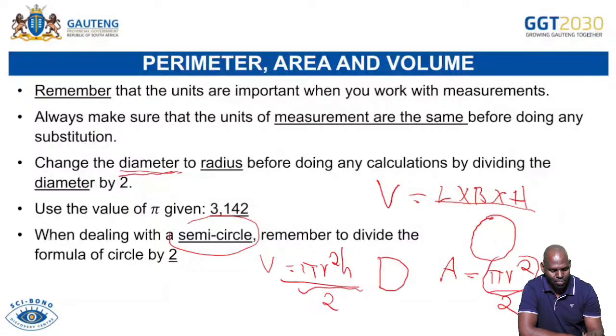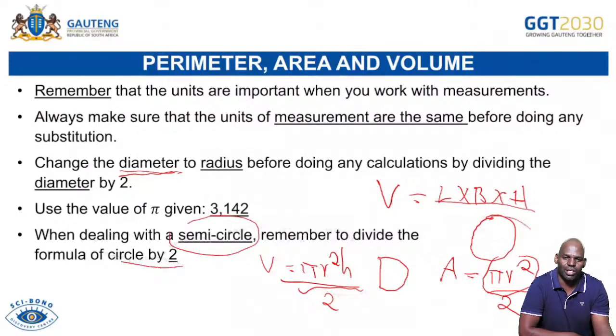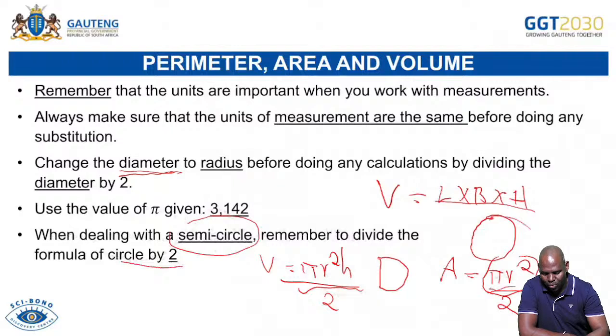That is what they mean by, when dealing with a semicircle, remember to divide the formula of a circle by 2. This is the circle. This one is just extra information that I'm giving to you, that it can also be the same thing in terms of a volume. But if they ask you to calculate the area of a semicircle, you just take that formula, which is pi r squared, and then you say over 2, or you multiply it by 1 over 2.